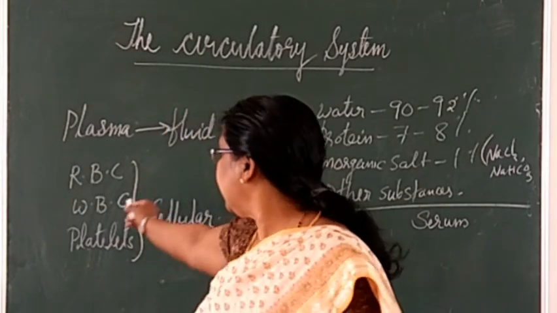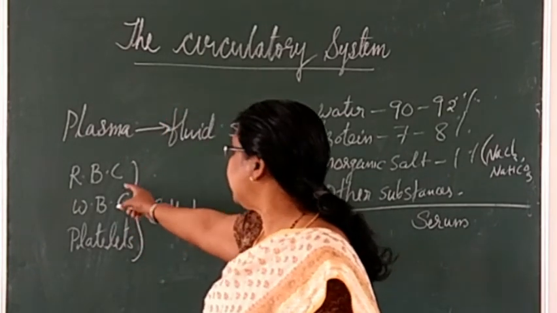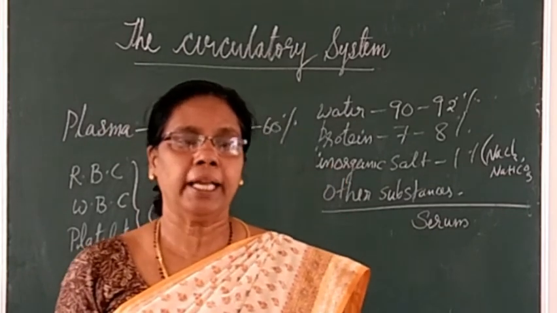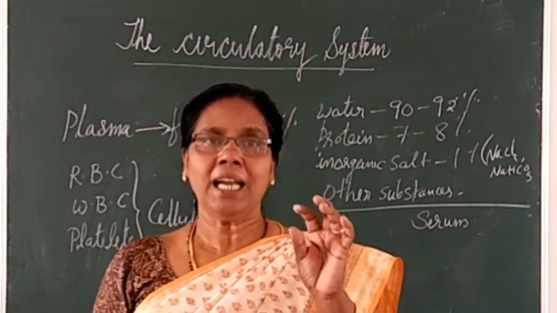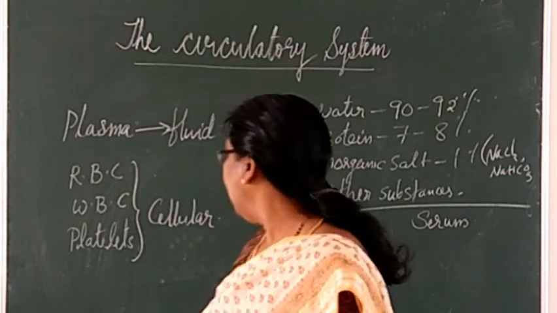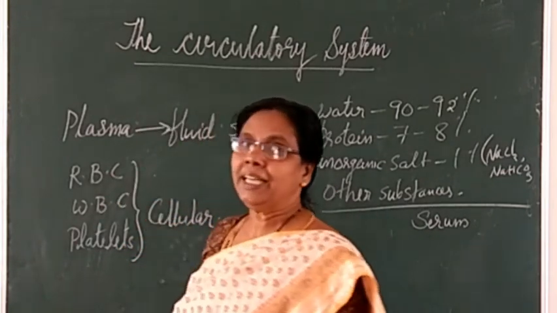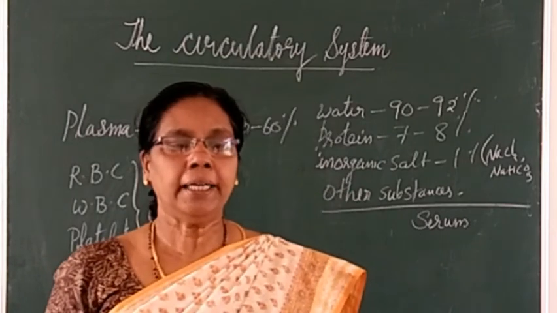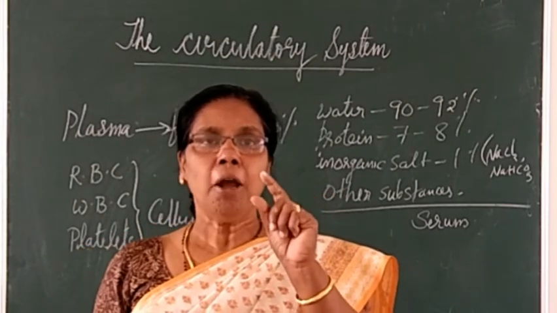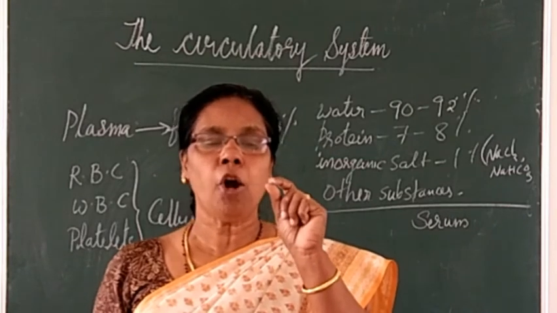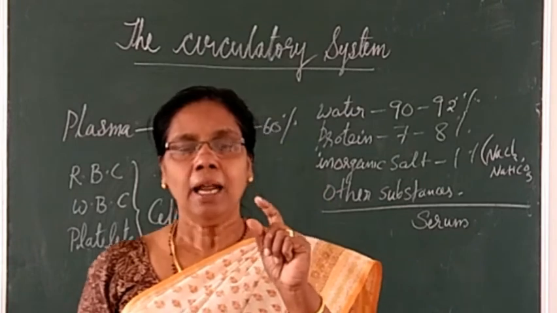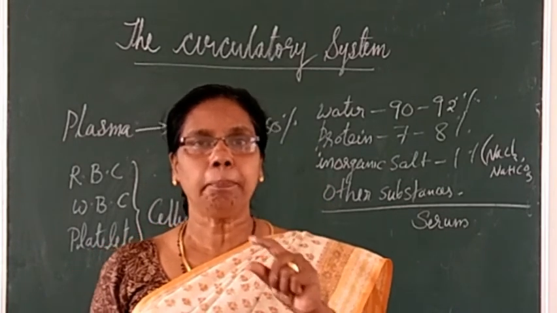Now we can go to the next, the cellular elements, that is RBC, WBC and platelets. Okay. So RBC, otherwise called erythrocytes. RBC, otherwise called as what? Erythrocytes. And they are minute biconcave disc-like structures, at the center concave and rounded at the periphery.